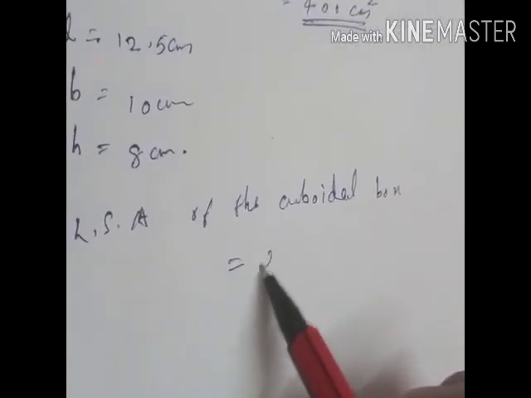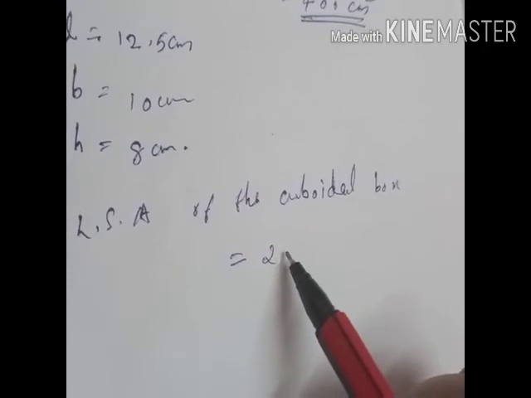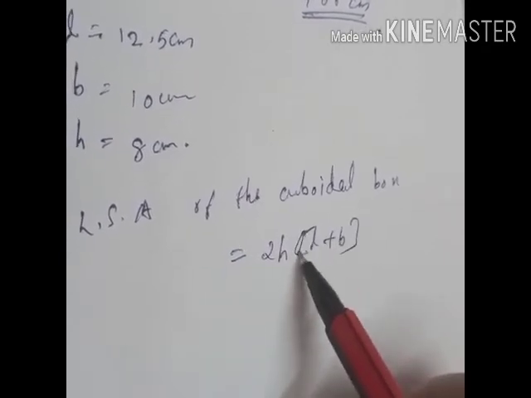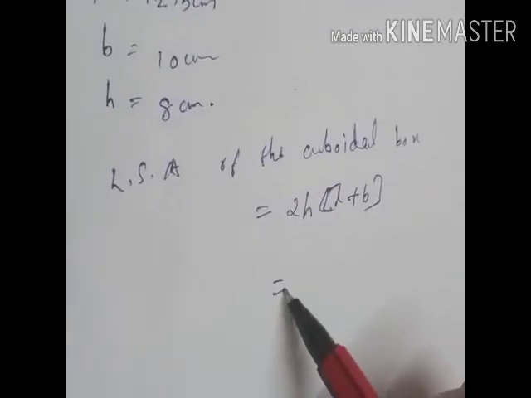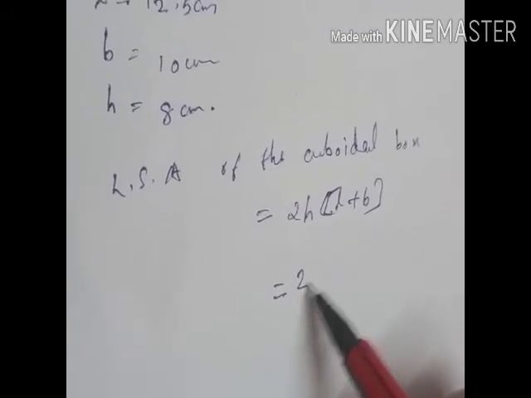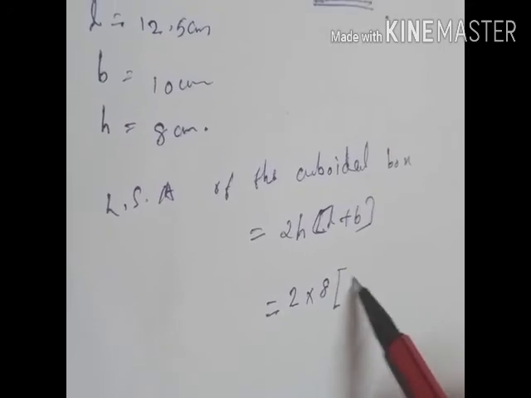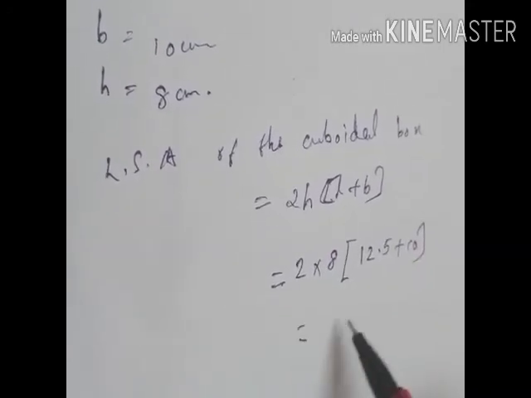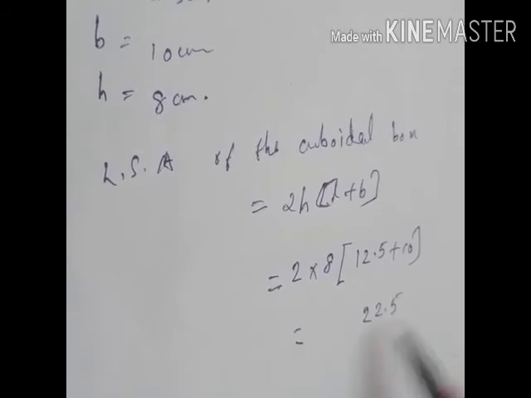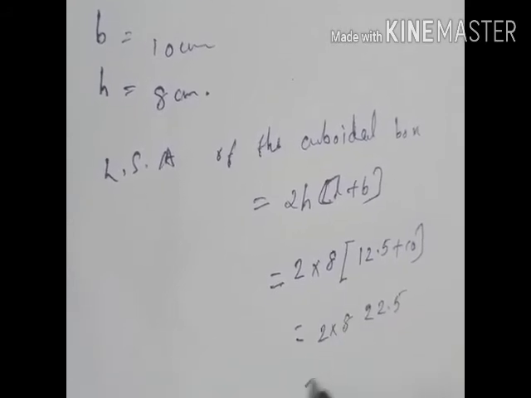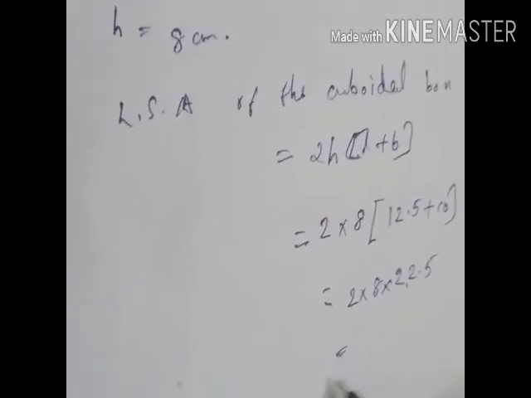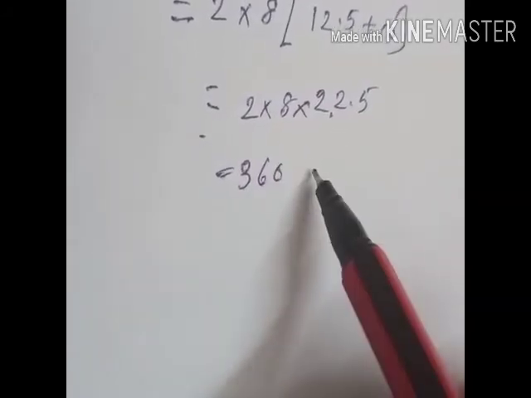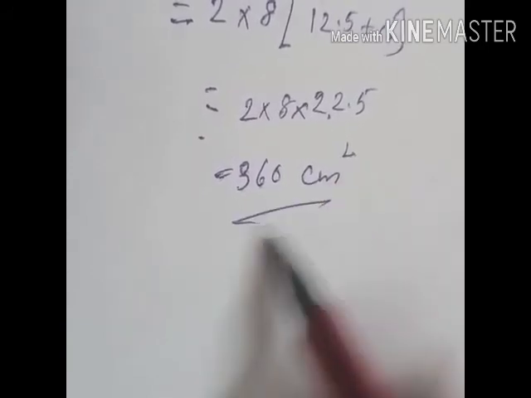What is the equation? 2 into h into (l plus b). That is equal to, what is it? 2 into 8 into (12.5 plus 10). 12.5 plus 10 is 22.5. So 2 into 8 into 22.5. That is equal to 360 centimeter square.